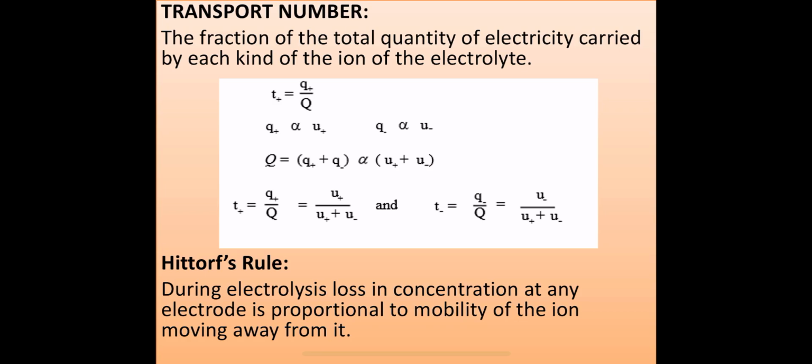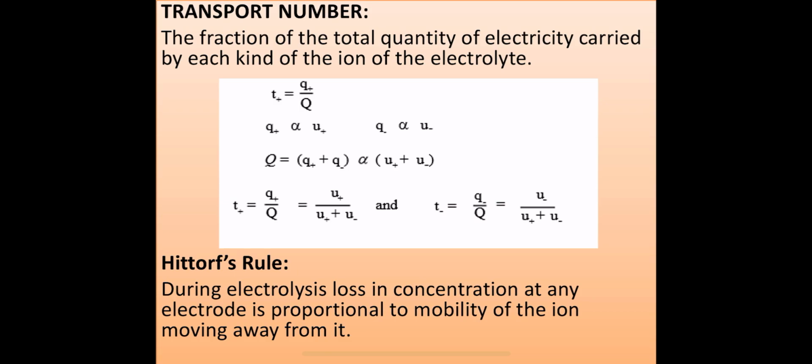We represent it in this equation: T plus equals Q plus divided by Q, where Q plus is the total amount of electricity carried by that particular cation, and Q is the total quantity of electricity. In the same way we do it for the anion also. This is how we find the transport number of each ion of the electrolyte.